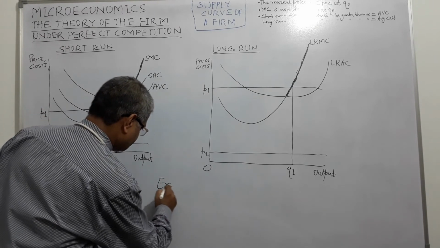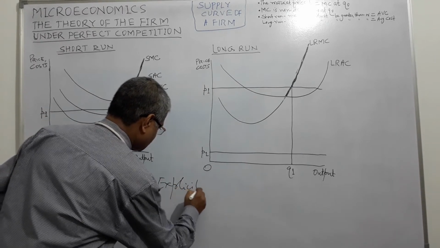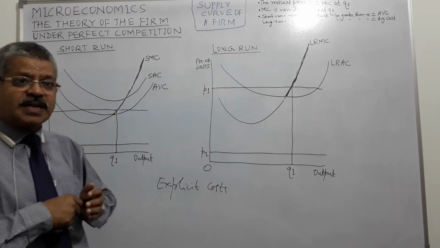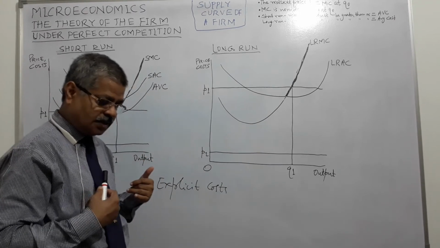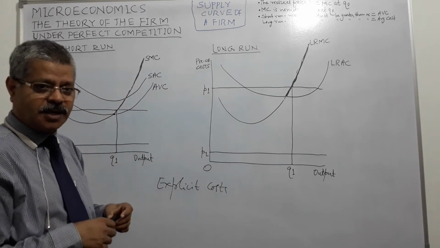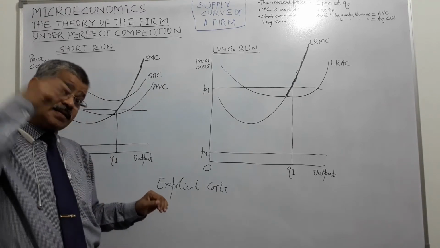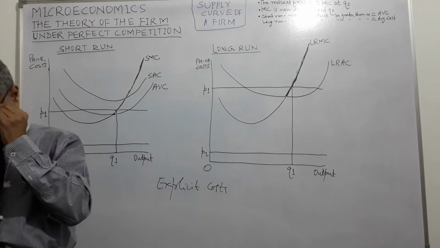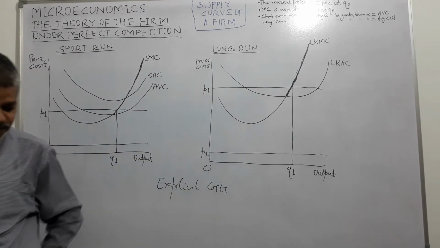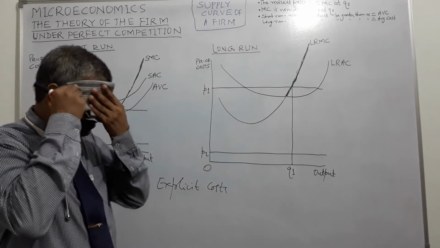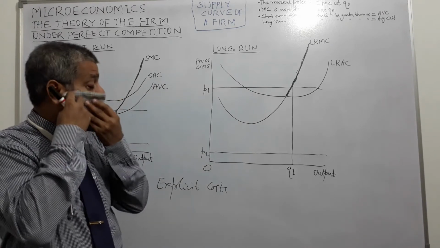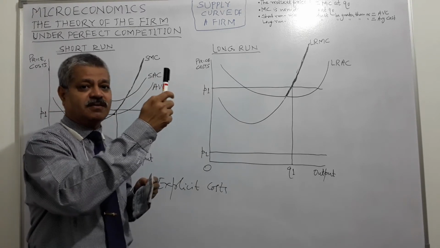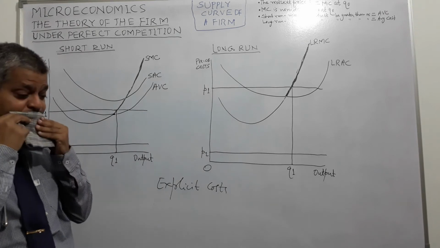Right? Explicit costs. And certain factors of production I am owning and I am using them in my business rather than using them for some other business and getting some return out of that. Right? Try to understand it. Suppose 4 kinds of factors of production are required for my pen manufacturing firm.